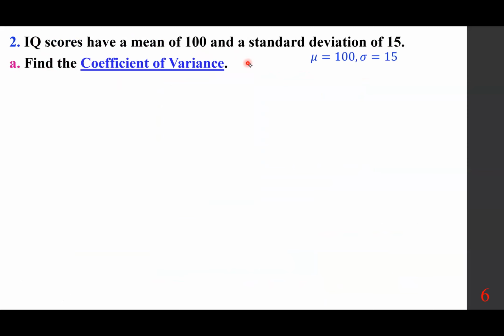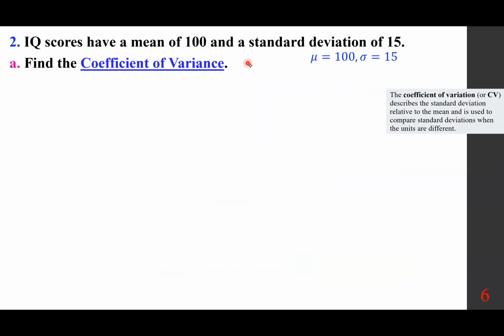So what is the coefficient of variance, or CV? It has a definition. The coefficient of variance, or CV, describes the standard deviation relative to the mean and is used to compare standard deviation when the units are different. Therefore, the formula is sigma over mu. If you're dealing with a sample, it would be S over X bar.